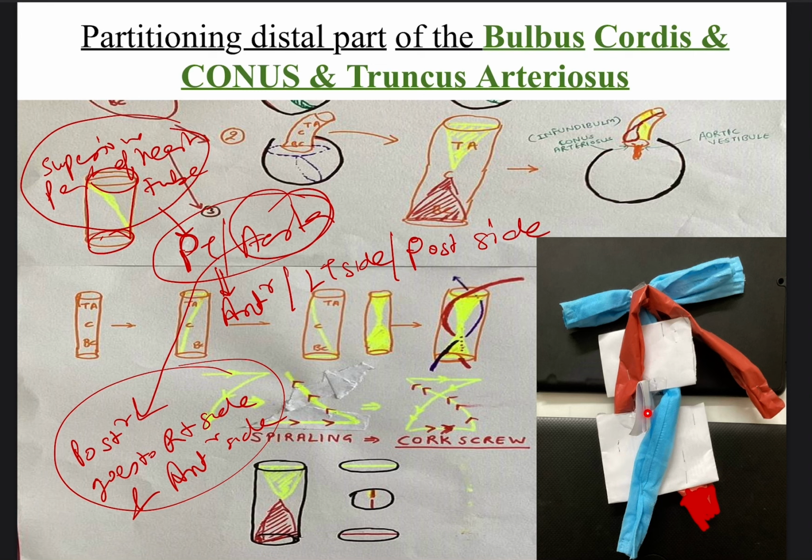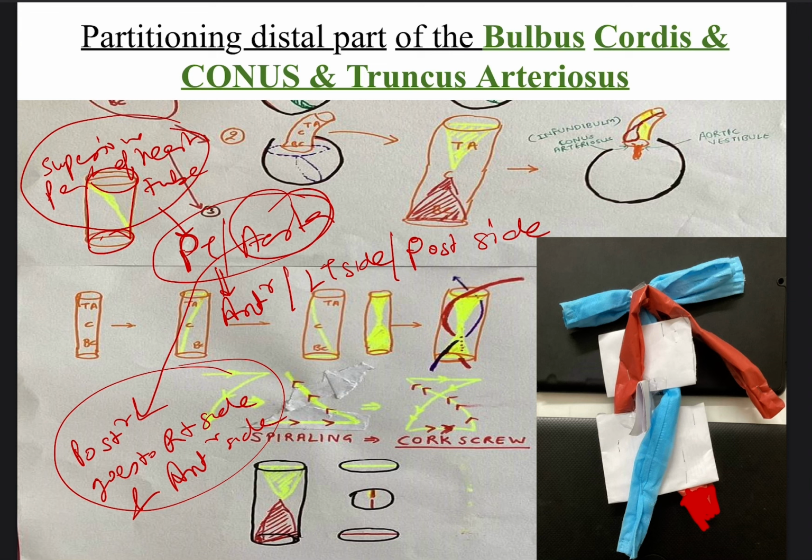This is another piece of paper which is perpendicular to these two laptops, one laptop, second laptop, and this piece of paper is perpendicular, dividing right and left halves, while these laptops are dividing anterior and posterior.